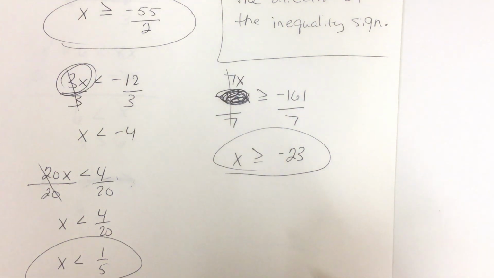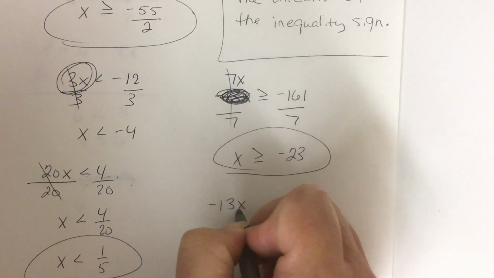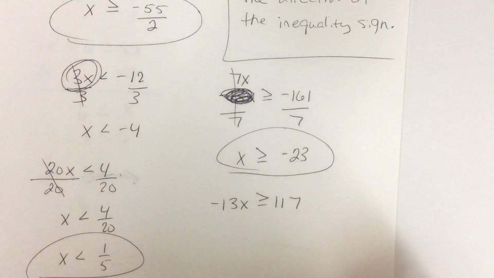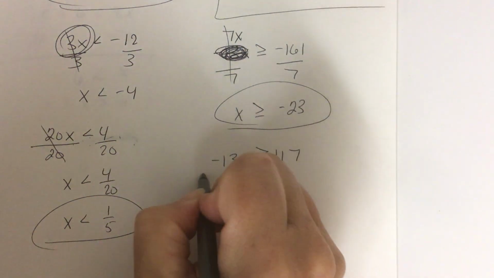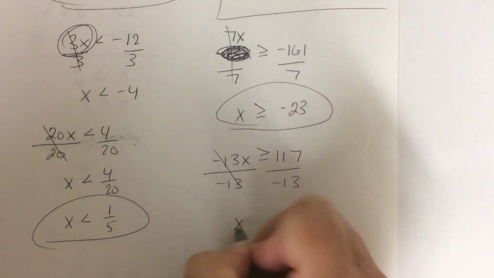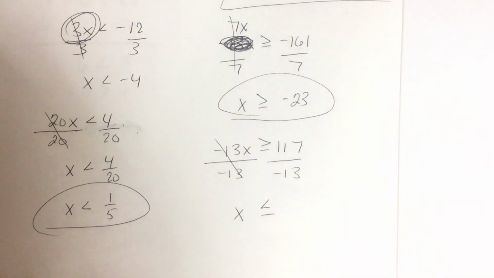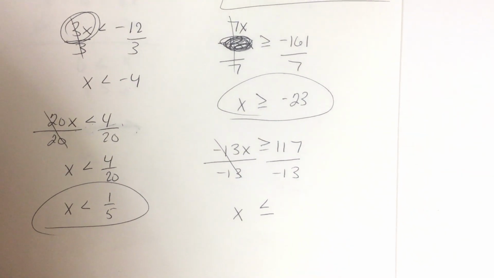The next problem is -13x is greater than or equal to 117. So pause the video and work this problem if you want to. So divide by -13, divide by -13. x is less than or equal to, because I divided by a negative. And then we're going to take 117 divided by 13.